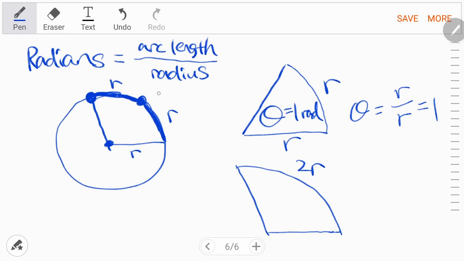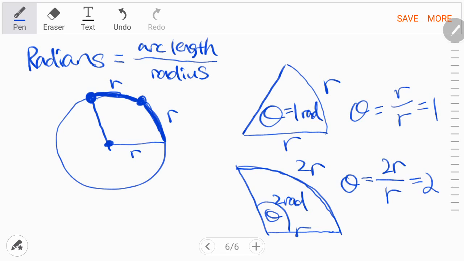This is 2r, right? r plus r, I have 2r, and my radius stayed the same. So my angle is going to be here. My arc length is 2r over my radius r. So my angle in terms of radian is 2 radians.